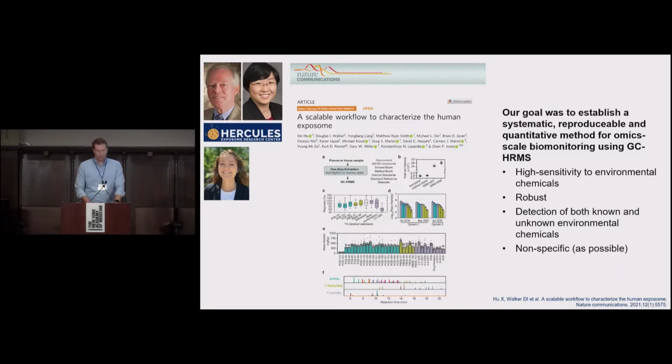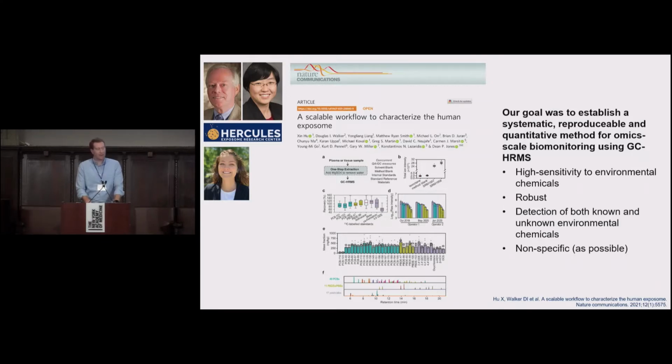One of the great accomplishments, in collaboration with the Hercules Exposome Research Center at Emory and Gary Miller at Columbia, was to use new high-resolution mass spectrometry technology developed by Thermo to allow us to expand our untargeted assays from more traditional approaches, which are based upon liquid chromatography and is more for non-polar or for polar molecules, to gas phase analysis using gas chromatography.